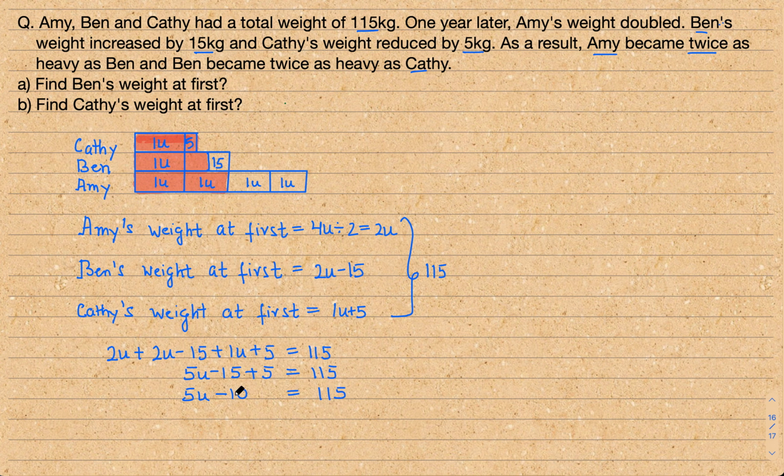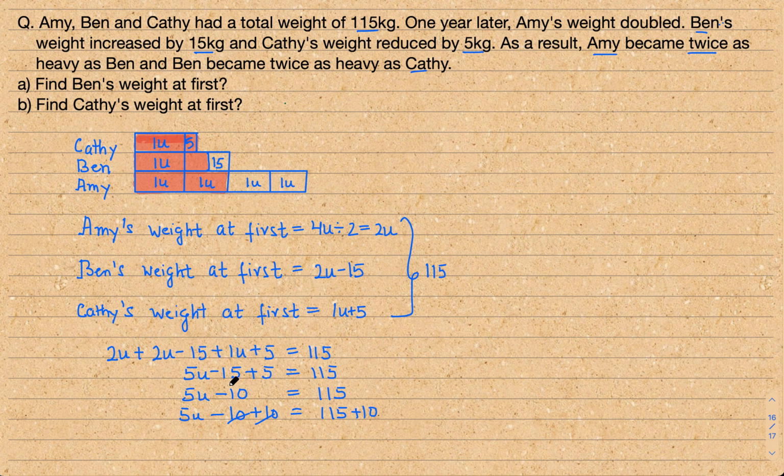Now we have to get rid of this minus 10. How do we do that? It's very easy. On the left hand side and right hand side, please add 10. Why did I add plus 10 on both sides?